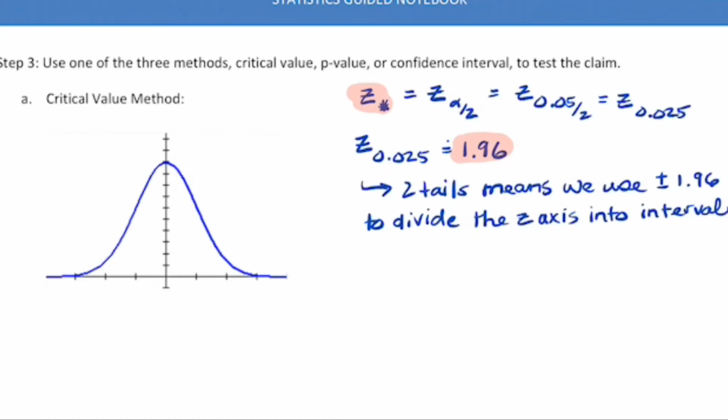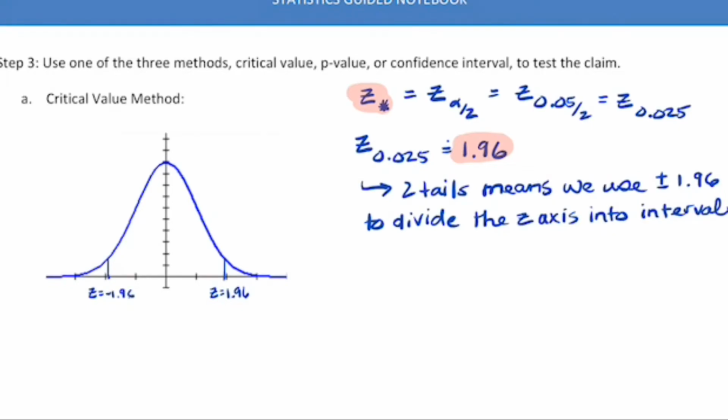And so now 1.96 is really close to 2, right? So we'll call this z is 1.96, right? And over here, close to negative 2, that'll be z is negative 1.96.